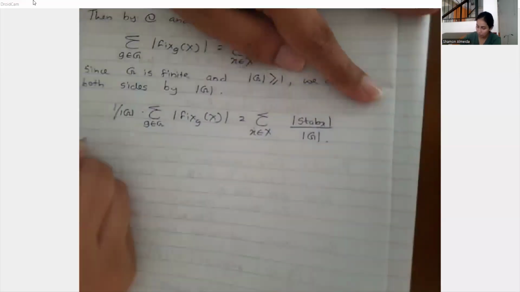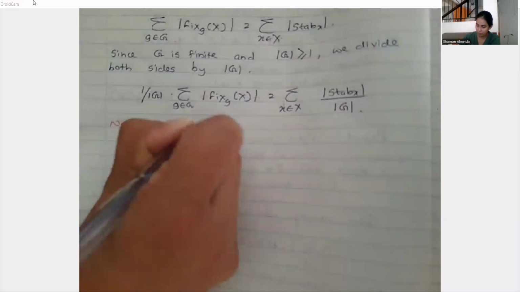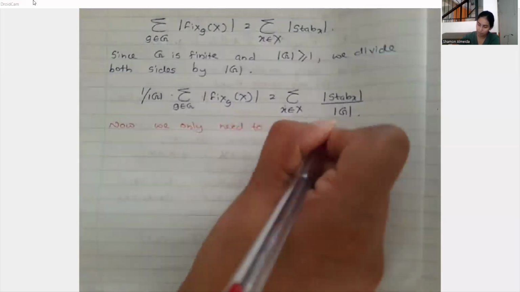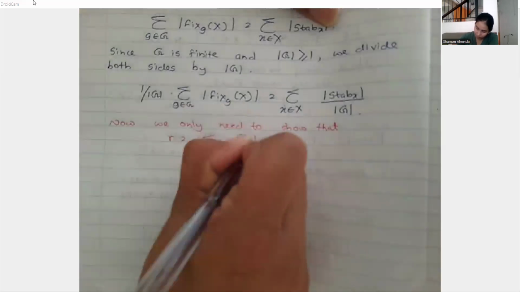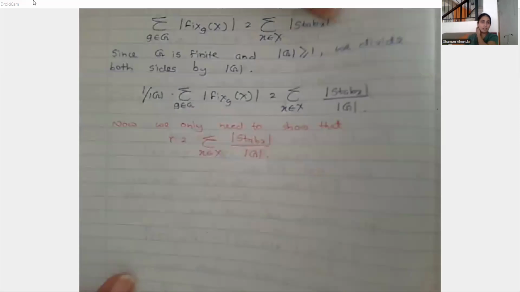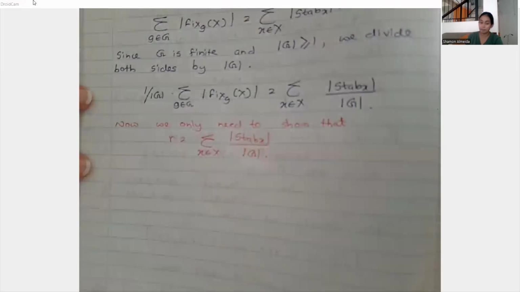Now we only need to show that R, the number of orbits, is equal to this summation. This is what we have to show. Once we show this, we are done.